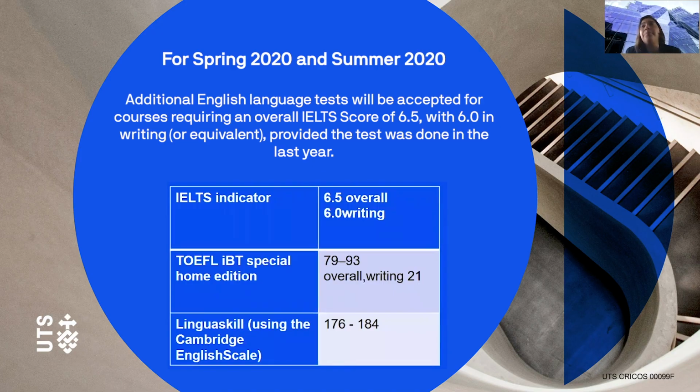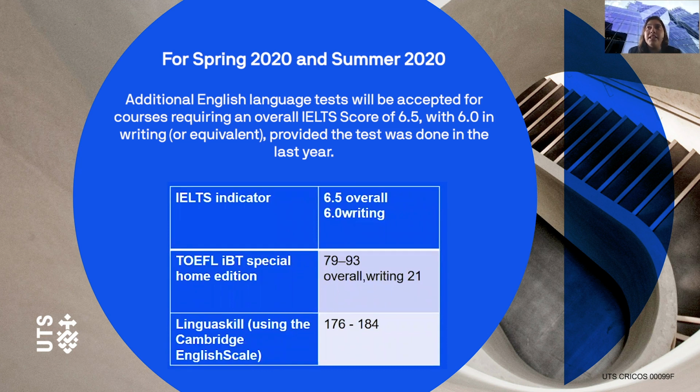Further, for spring 2020 and summer 2020 sessions, UTS has made provision to accept additional English language tests. Noting that the English language tests have been cancelled or suspended worldwide currently, it is difficult for students to prove their English language proficiency.